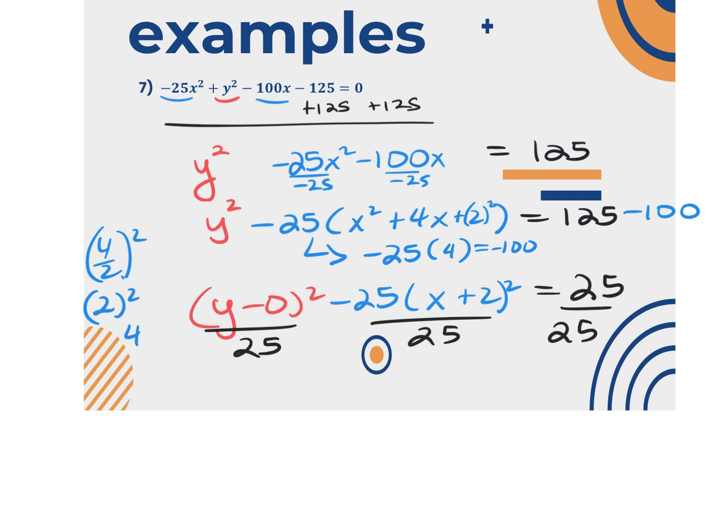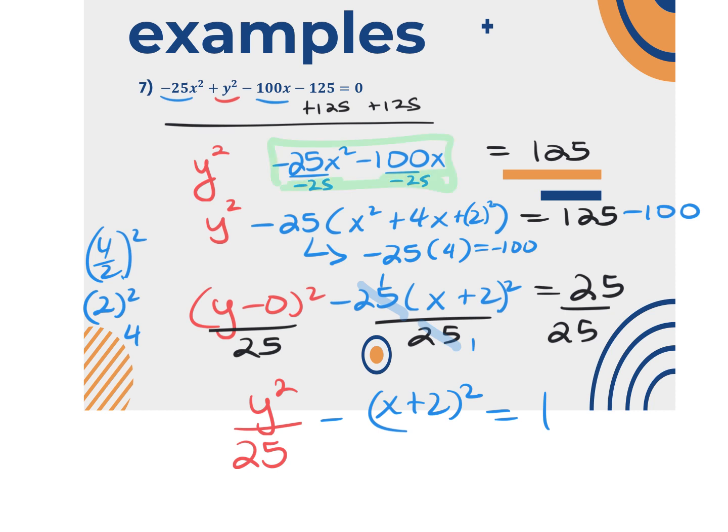So the red, I can just put it back as y squared over 25. The blue, the 25s cancel, and that just becomes 1s. So then it's just going to become x plus 2 squared equals 1. And this is the graph of a hyperbola.